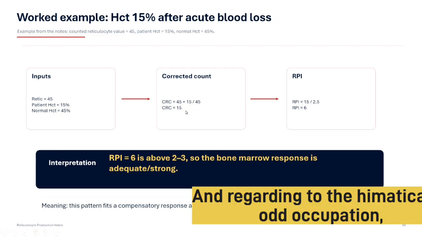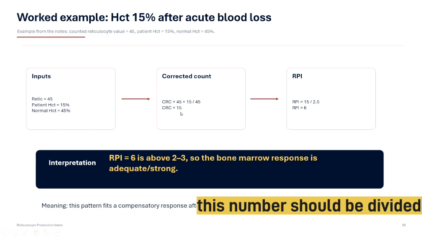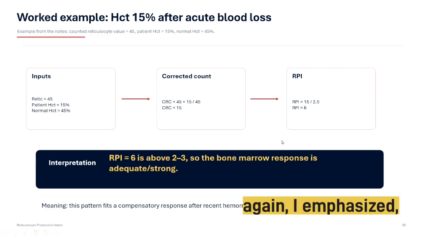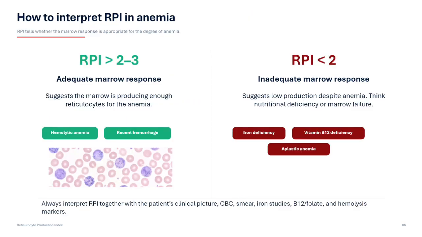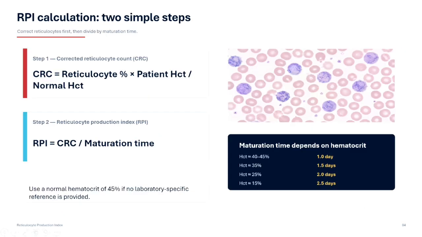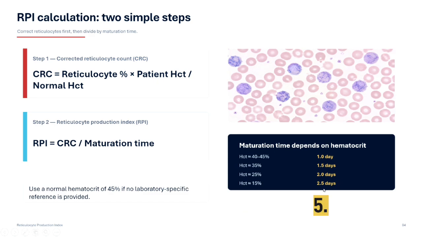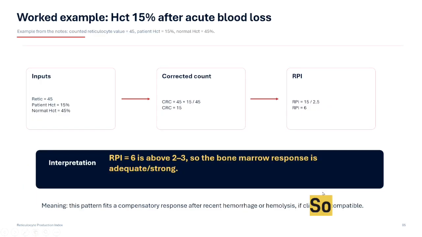And regarding the hematocrit of the patient, this number should be divided, again I emphasize, should be divided by 2.5. So the reticulocyte production index for this patient is about 6.